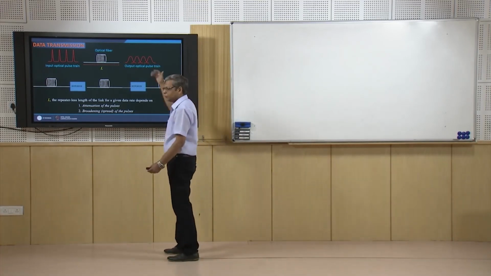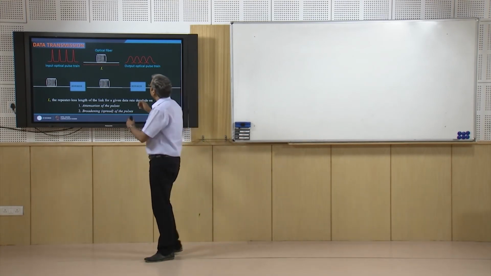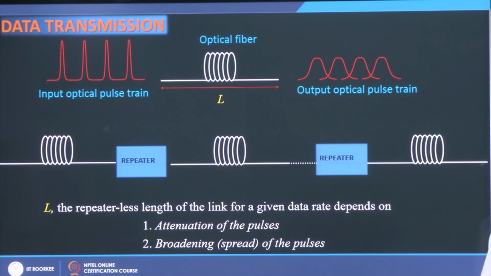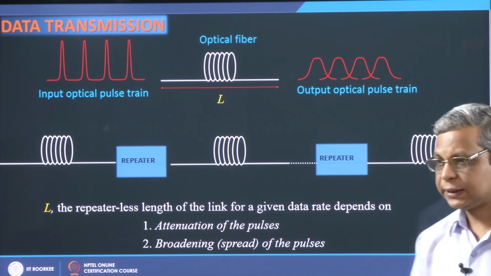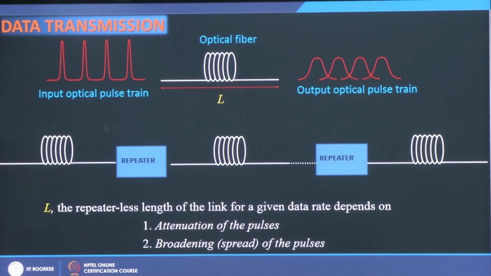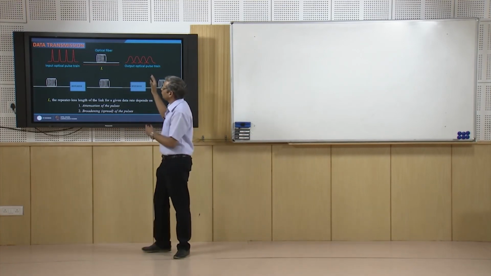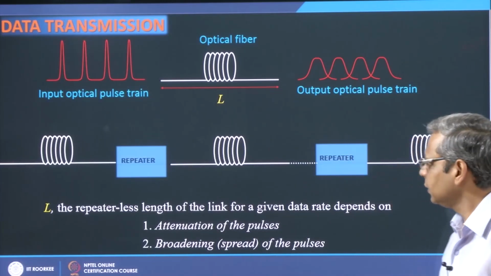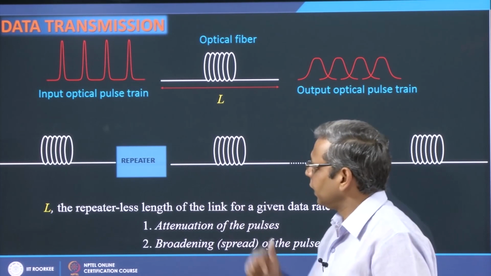Otherwise, I will lose information. So, before these pulses overlap or their power levels go down beyond a certain limit, I will have to reshape the pulses. I will have to bring them to their original form, and this is done in a device known as a repeater.